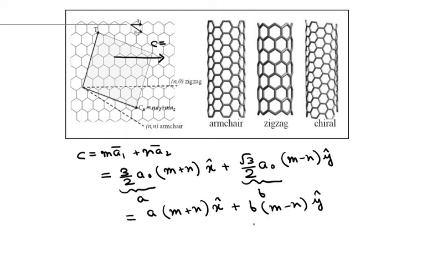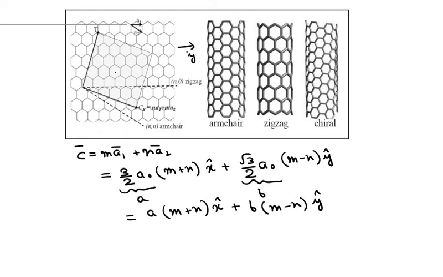Now what is the condition under which this circumferential vector is directed only along the y axis over here? Of course this part must be 0. If the circumferential direction is along this axis, we will call this axis the y axis. So let me write it here.